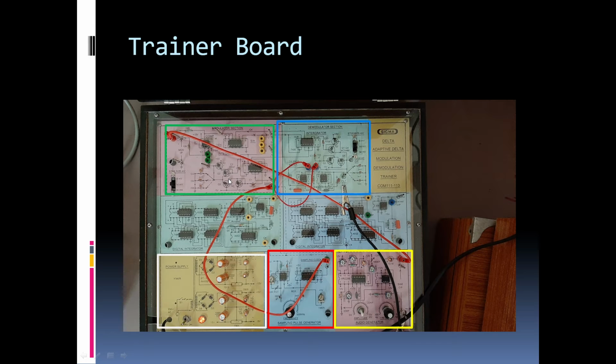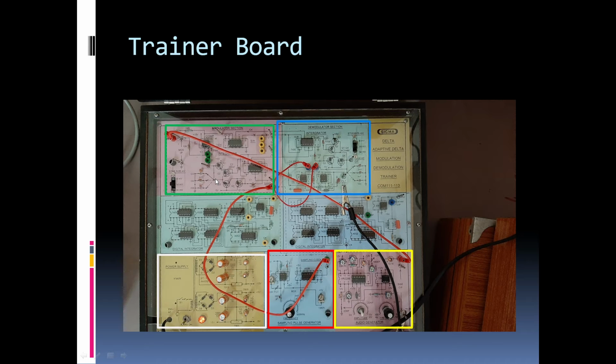One input is coming from the output of the audio generator, and the other input is a feedback signal, which is typically a staircase approximated signal coming out of the integrator circuit. The comparator output is then given to a sample and hold circuit, which will produce the delta modulated signal. The same is then given to the detector. The detector output is then given to the integrator to produce the staircase signal.